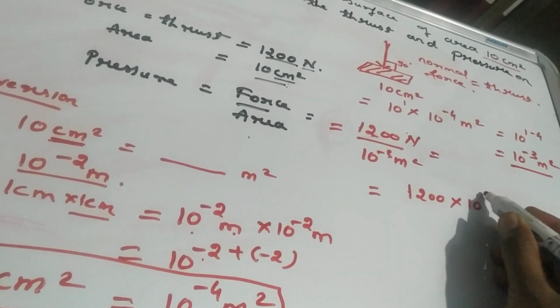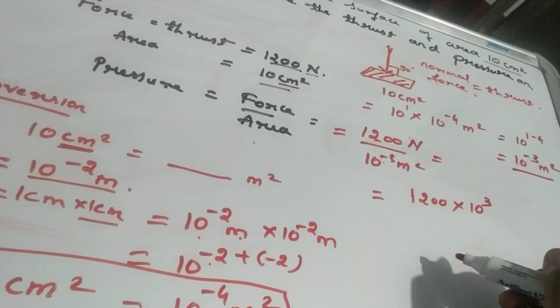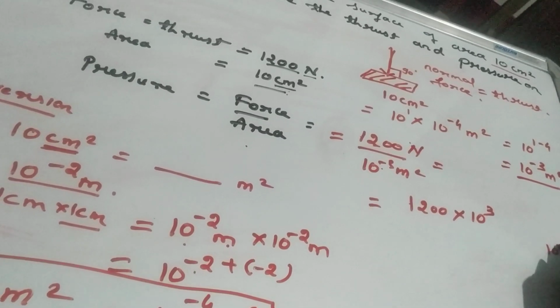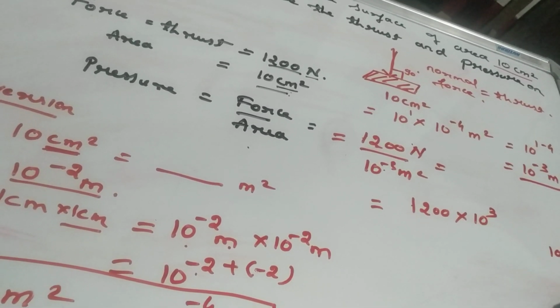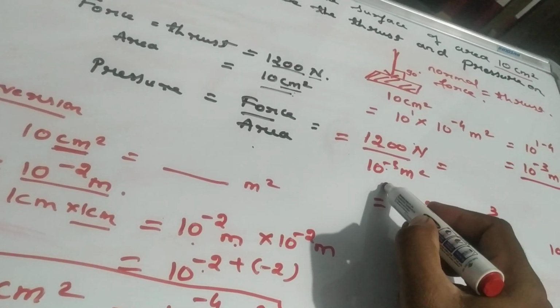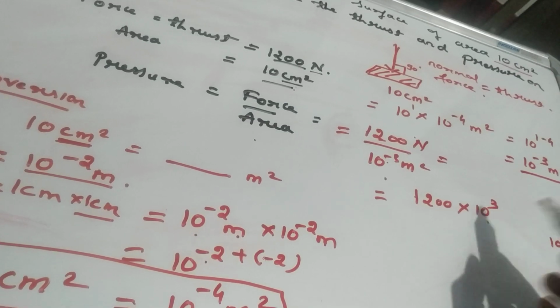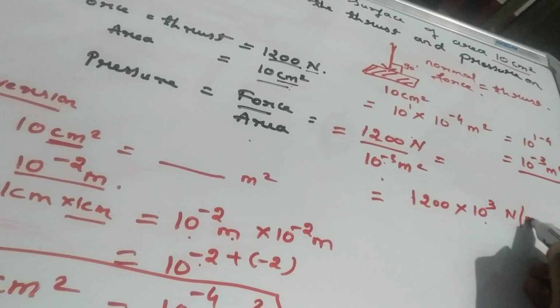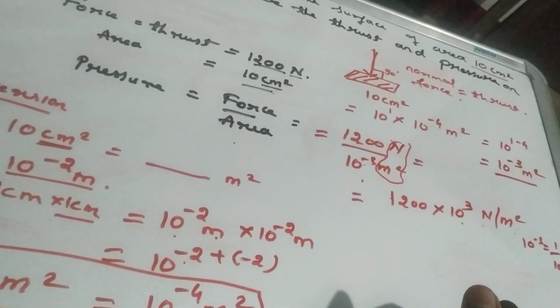It will become 10 to the power of 3, because minus becomes plus: 10 to the power of minus 3 is 1 by 10 to the power of 3, and if it comes upside, you take the reciprocal, so it becomes 10 to the power of 3. You should retain the units as they are, Newton per meter square.